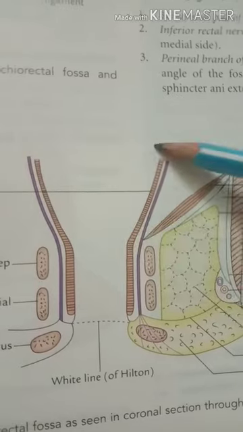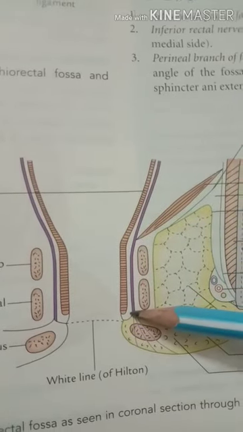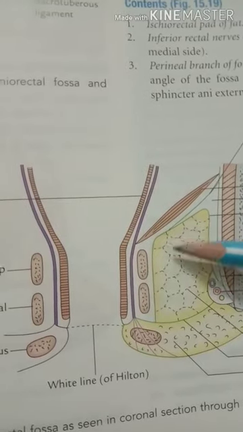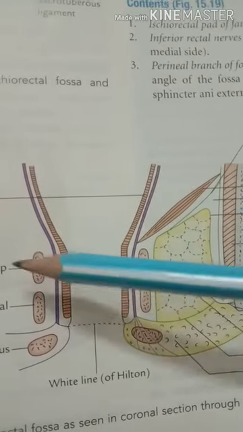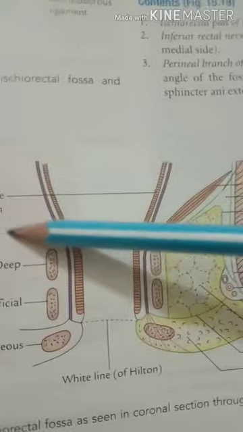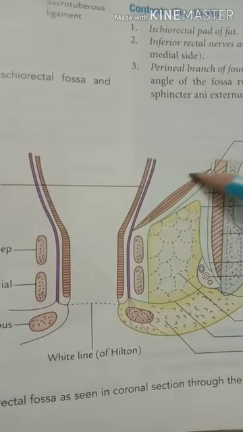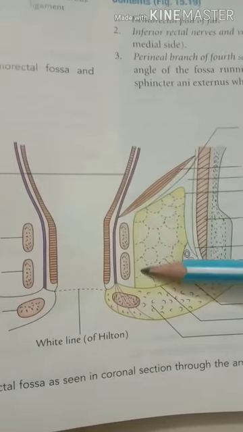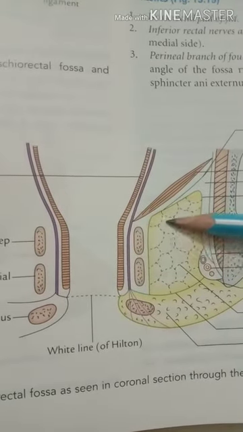Here you can see the rectum and this is the anal canal. So that is the wedge-shaped cavity or space present on each side of the anal canal below the pelvic diaphragm. Here you can see the pelvic diaphragm and these are the pelvic muscles. Okay? So it is present below it.